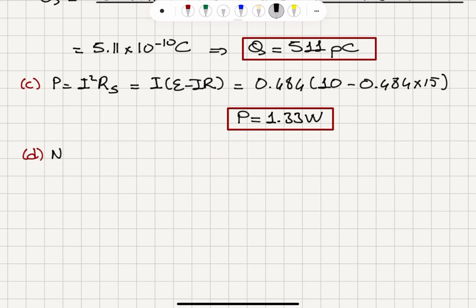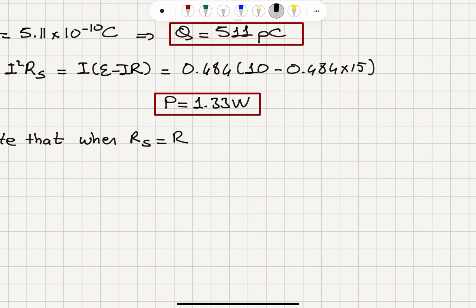So we note that when the resistance of the salt water is equal to R, and we have R in series with R, this gives us an equivalent resistance of 2R.